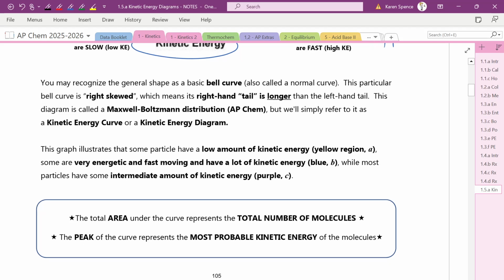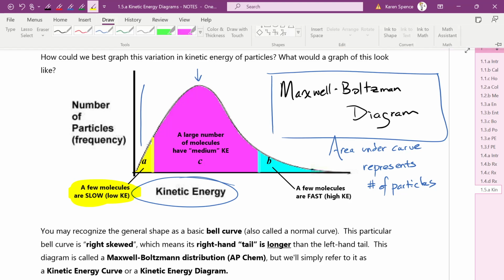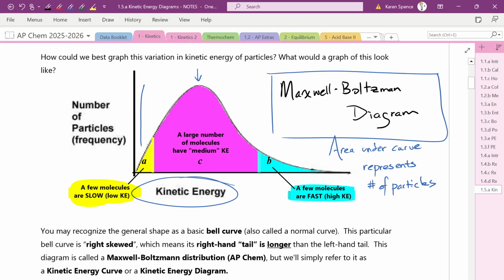This graph illustrates that some particles have a low amount of kinetic energy. Down here, we have a few molecules that are slow, with low kinetic energy. Up at the top, in this middle pink section, we have a large number of molecules that have a medium kinetic energy. And there are also a few molecules that have a fast or high kinetic energy.